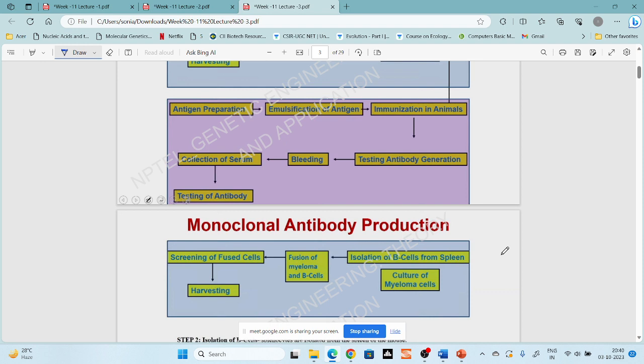Not very convinced with the answer, but okay, we can take that as one point. But that is not actually the exact answer.